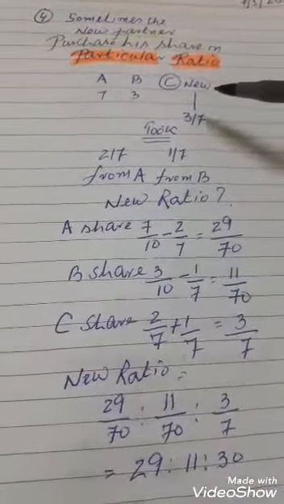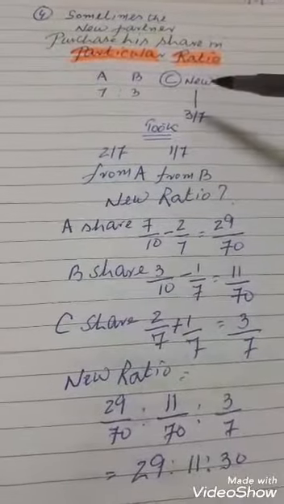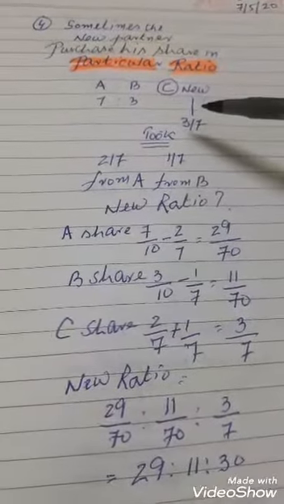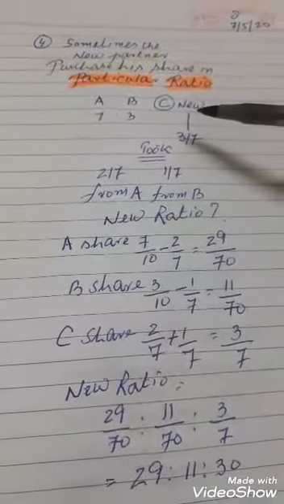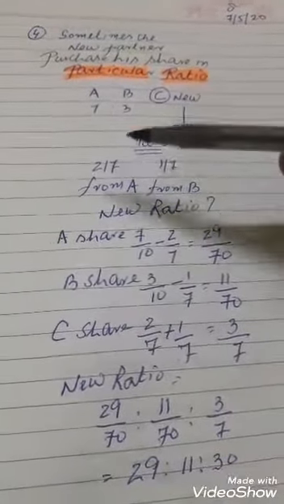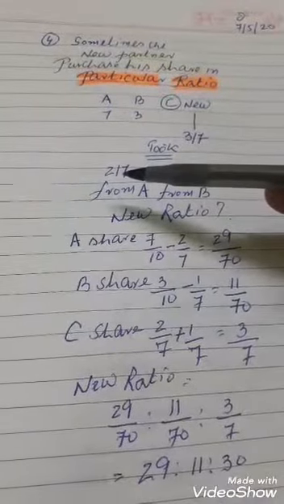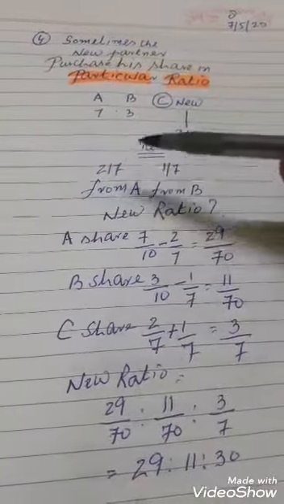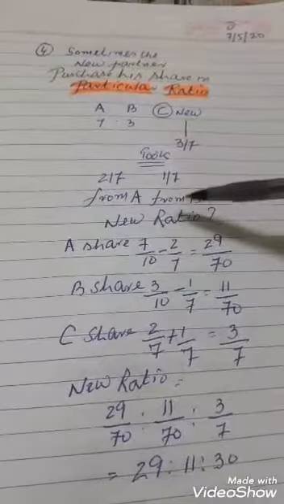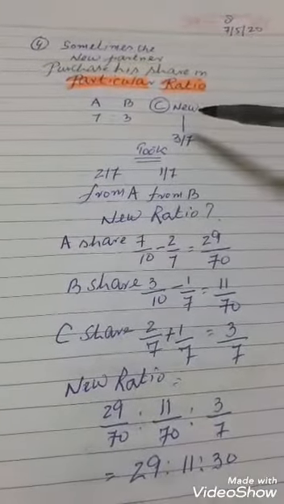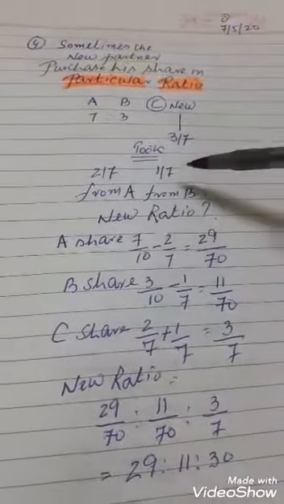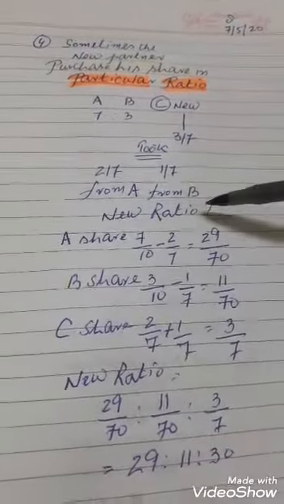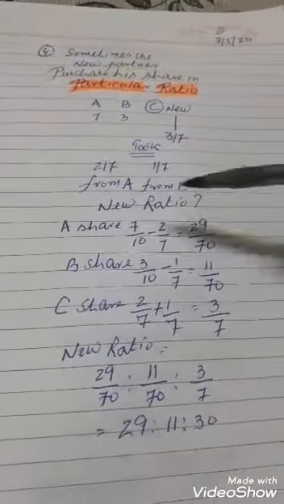They admit C for 3/7. C says, for my 3/7, I will take 2/7 from A and 1/7 from B. Calculate the new profit sharing ratio.